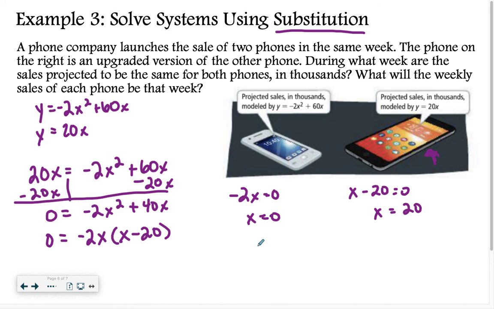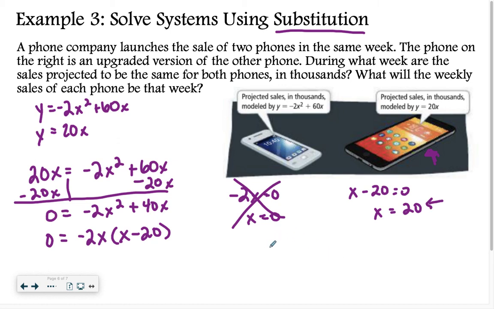So obviously the number of phones sold would be equal at this point because they're both being released at the same time. So we don't really need to worry about that in this real world scenario, because we don't care that they're at the same starting point. But we do care about the 20th week of sales.